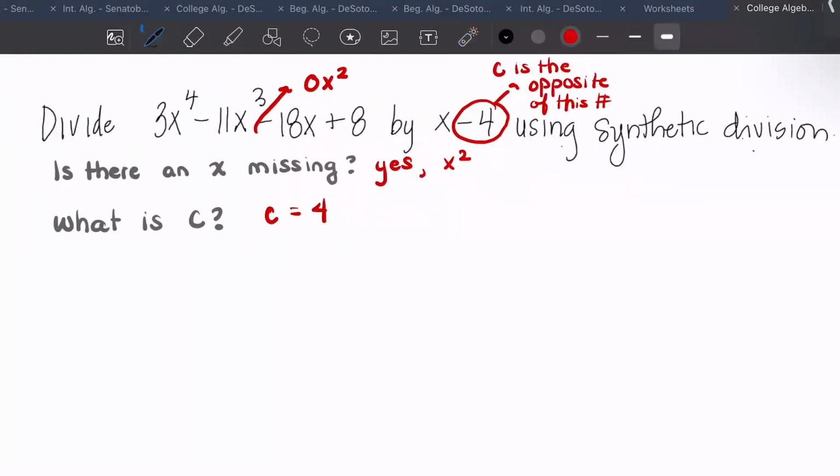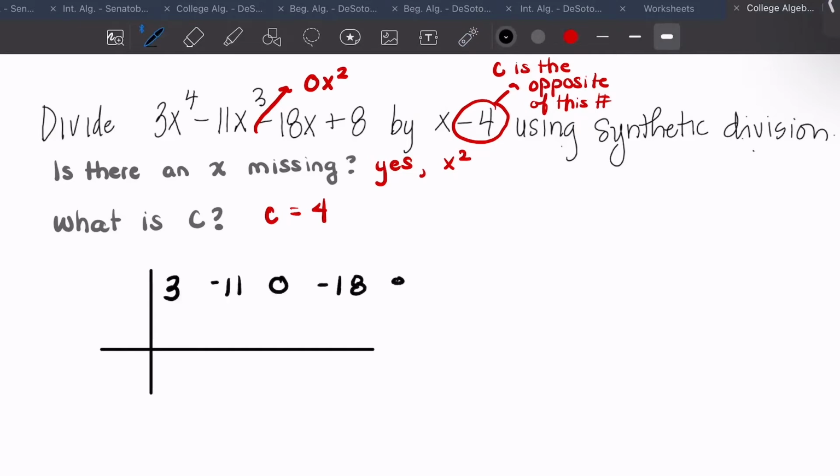All right, you're going to draw your diagram. All right, here you're going to list your coefficients up here. Your coefficients are 3, negative 11, 0, negative 18, and 8.